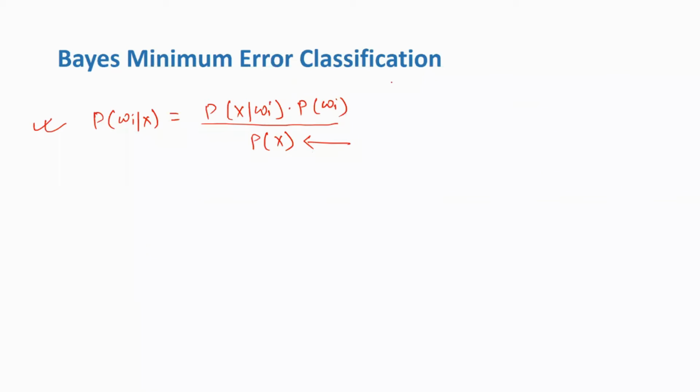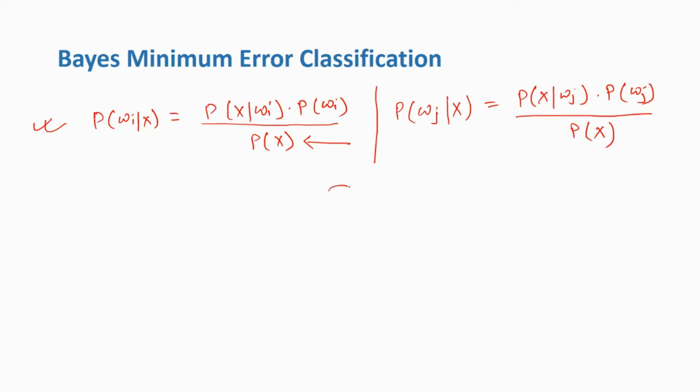Say we also have to find the probability of omega j given feature vector x, that it will belong to the class omega j. It is given as probability of x given omega j multiplied by probability of omega j divided by probability of x. When we are comparing these two, both denominators are the same, so we can ignore the denominators.